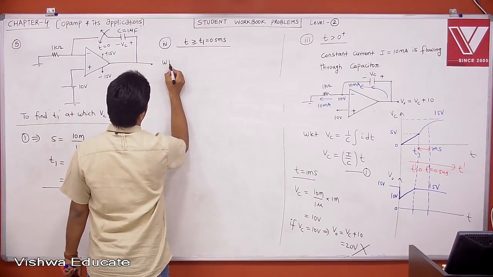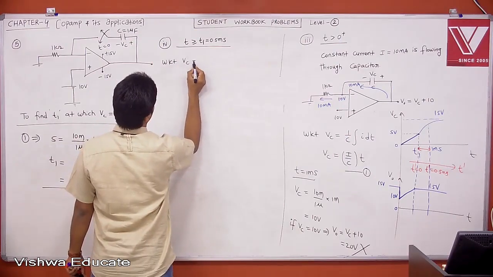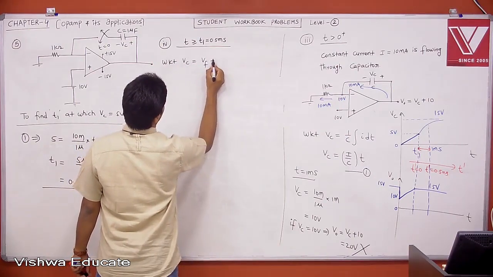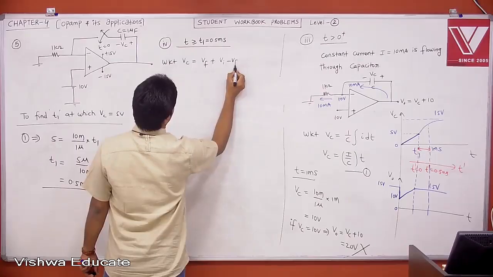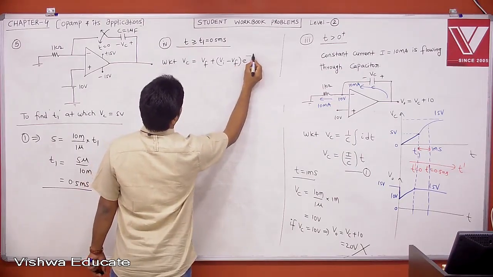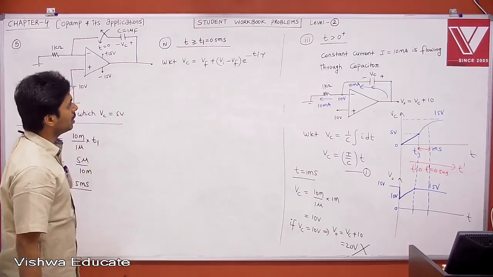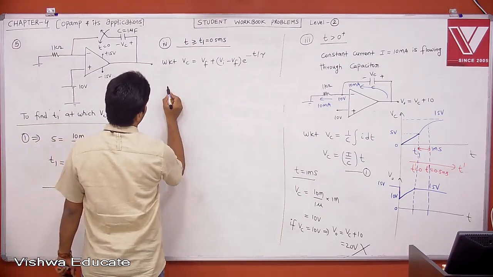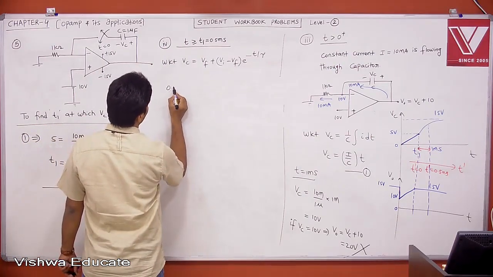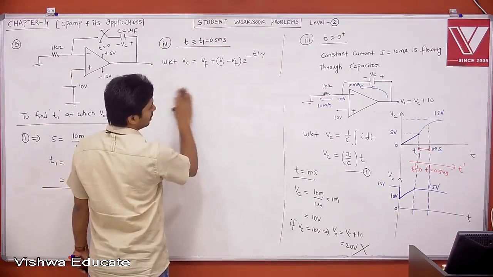We know that voltage across the capacitor is equal to V final plus (V initial minus V final) times e to the power of minus t by tau, right? Now we want to calculate for t1, or 0.5 millisecond, less than t less than 1 millisecond.